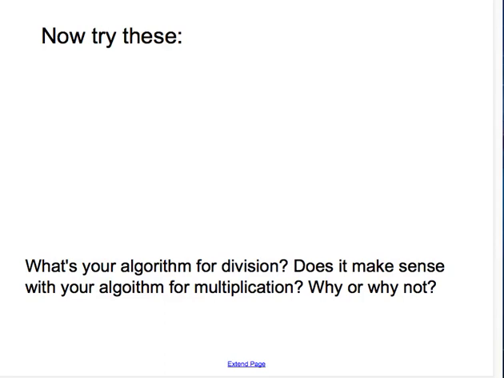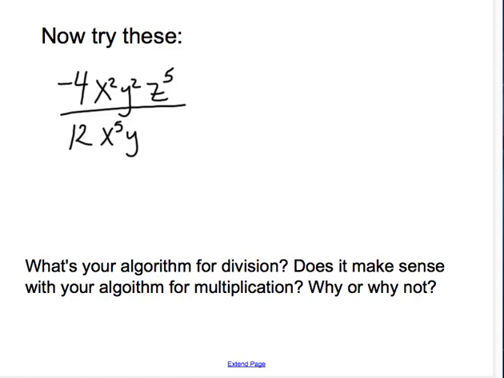I've got two last examples that I would like you to try. First one is this, -4 x squared y squared z to the 5th power over 12, excuse me, x to the 5th, y, z to the 5th.